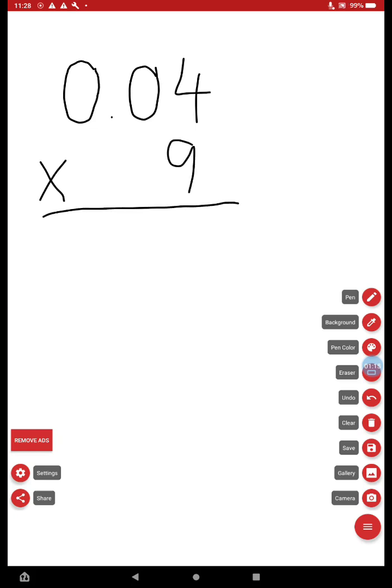Okay, now the very first thing I need to do is multiply using the two-step multiplication method that we learned last semester. So let's take 9 times 4. What is 9 times 4? Very good. That's going to be 36.